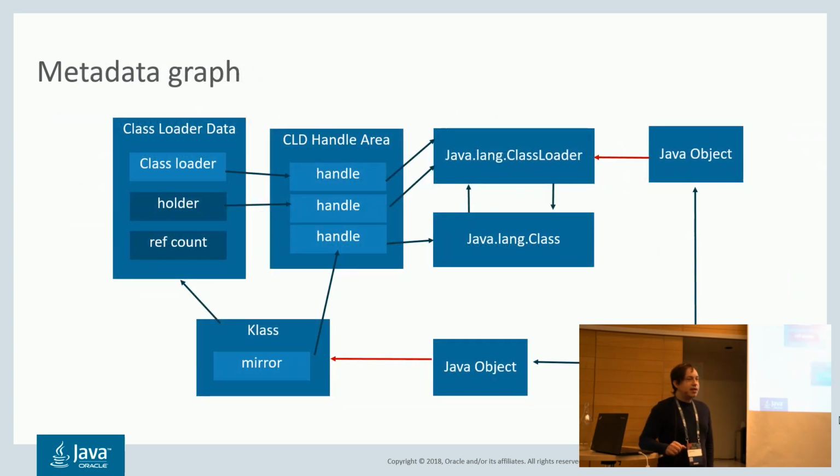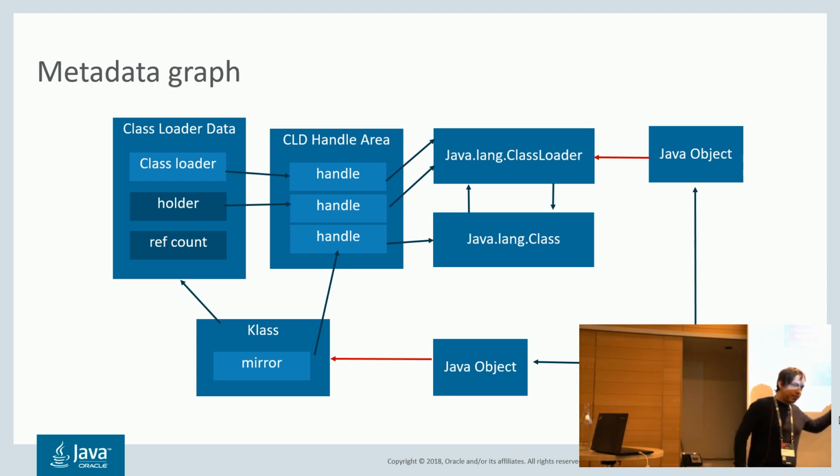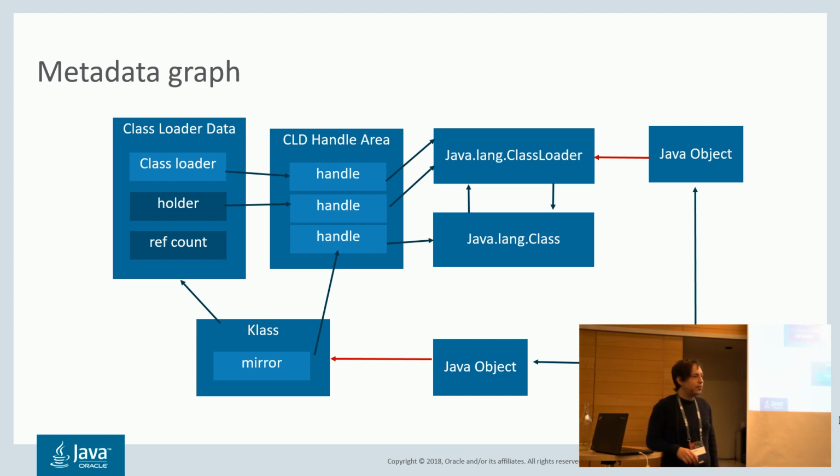And if we look at what's hiding beneath the objects, the metadata, it looks something like this. So we have a bunch of objects, and you can have a direct link from a Java object to a class loader that will keep it alive. But this is not the case here. We have a class pointer in the header word of each object, and this class we have to mark as well. So when we're traversing through our objects, we're also traversing through the class.